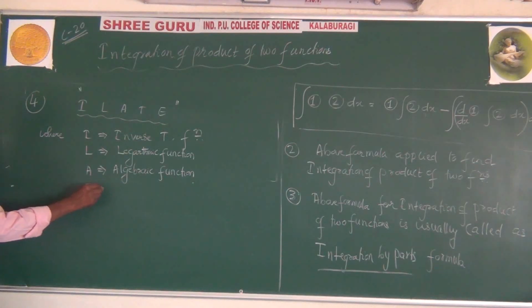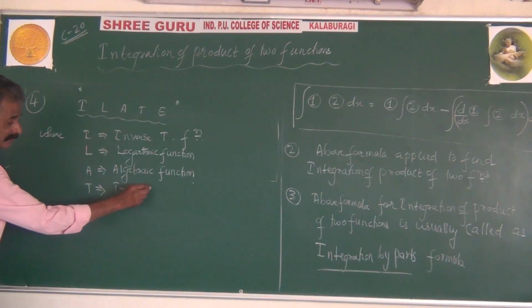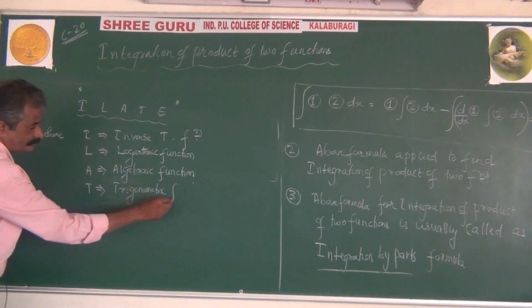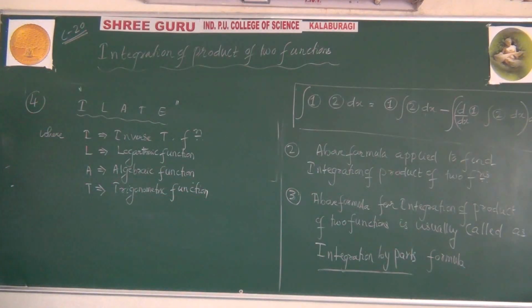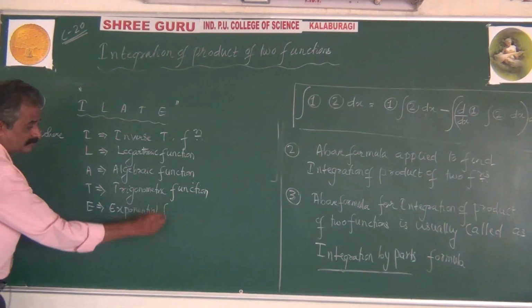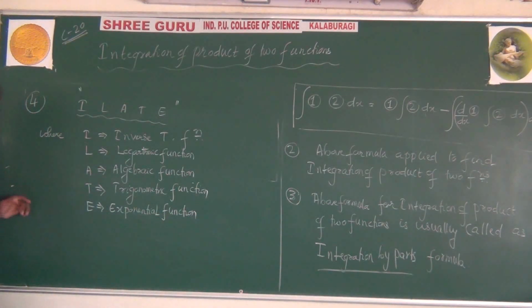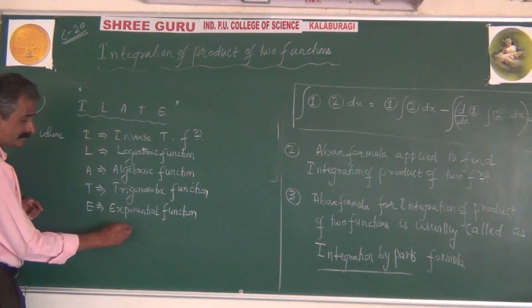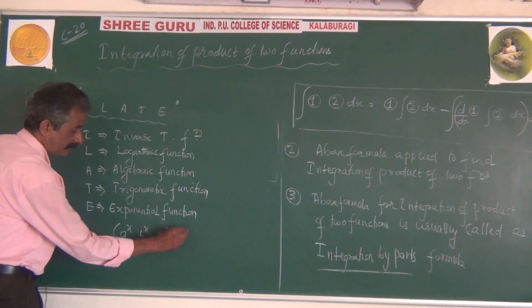T means trigonometric function. E means exponential function. Exponential functions are something like a power x, b power x, 5 power x, 7 power x, etc.